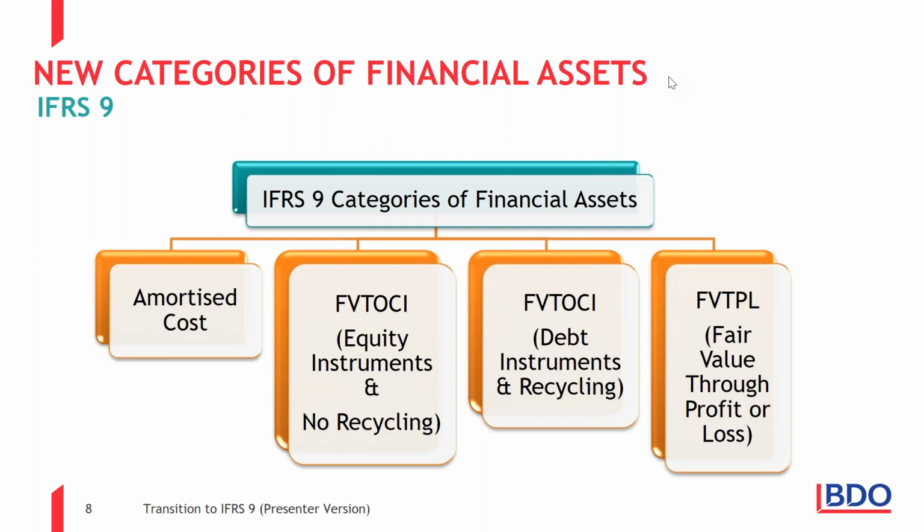There's also fair value through OCI for debt instruments, and recycling would be allowed. And then there's also fair value through profit and loss. So 4 new categories. The titles of the categories are very descriptive of the actual accounting treatment within each category.